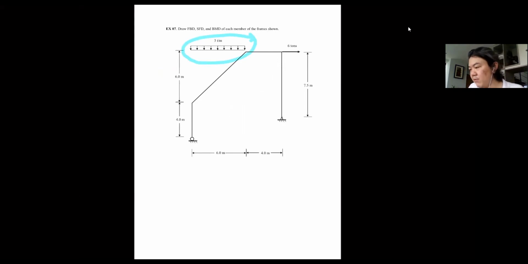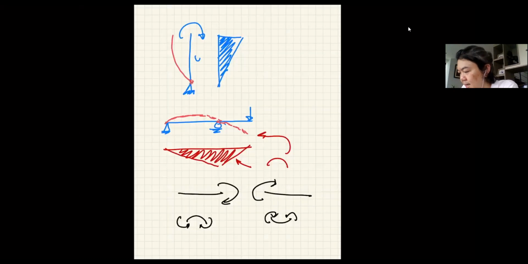Now, before we dive into this right away, let me remind you that when you draw the bending moment diagram, you need to have the force that is perpendicular to your member, or to say it very precisely, to the principal axis of the member.